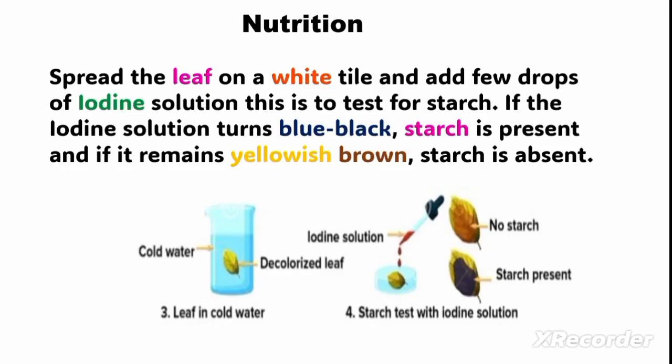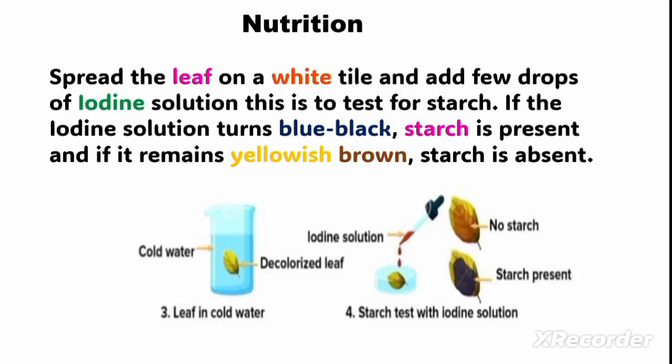So we have seen how we can determine that photosynthesis has taken place. During the process of photosynthesis, starch or glucose is produced. So if the test is positive, then we are going to say the process of photosynthesis has taken place.